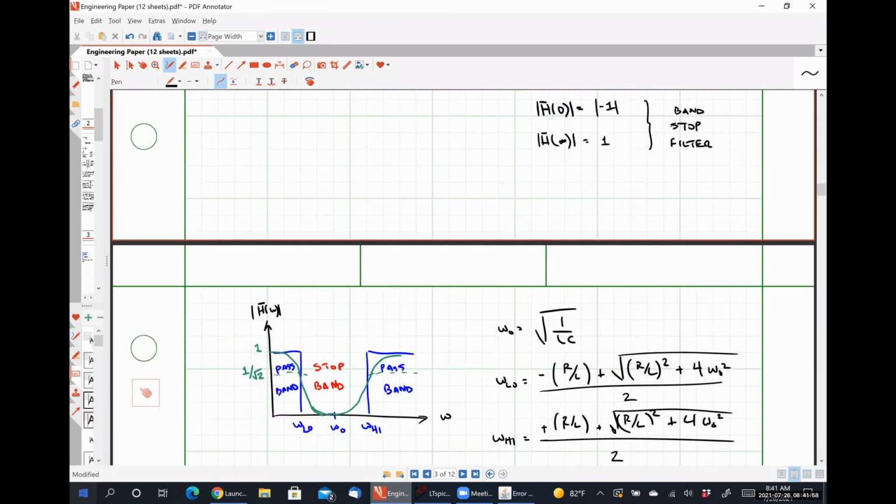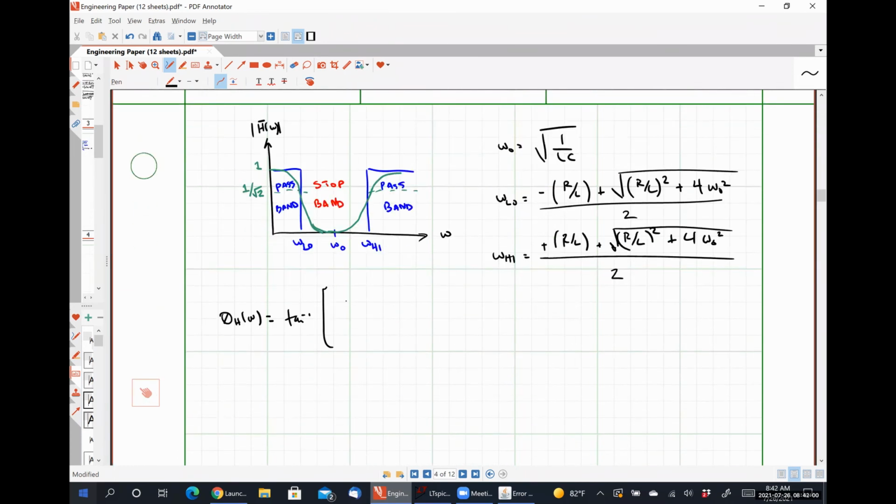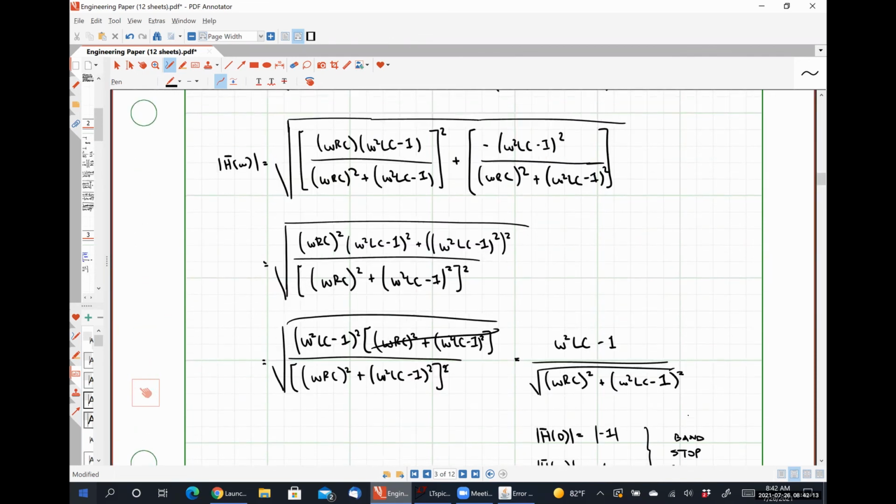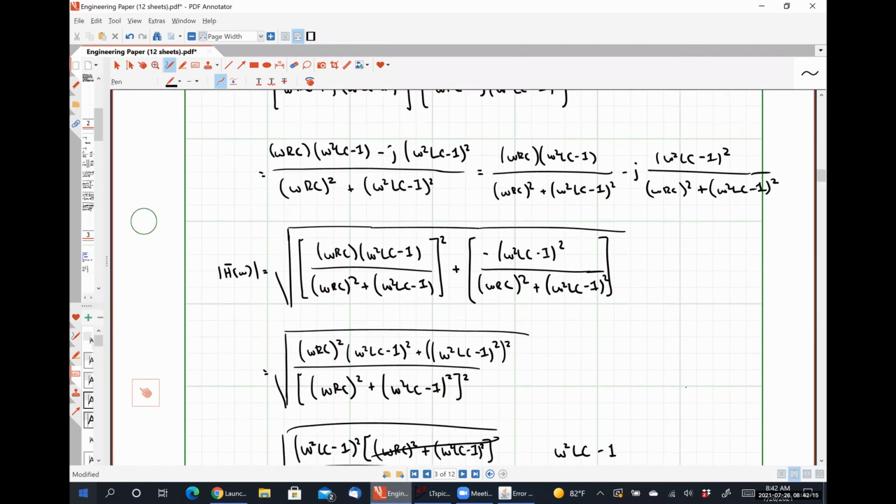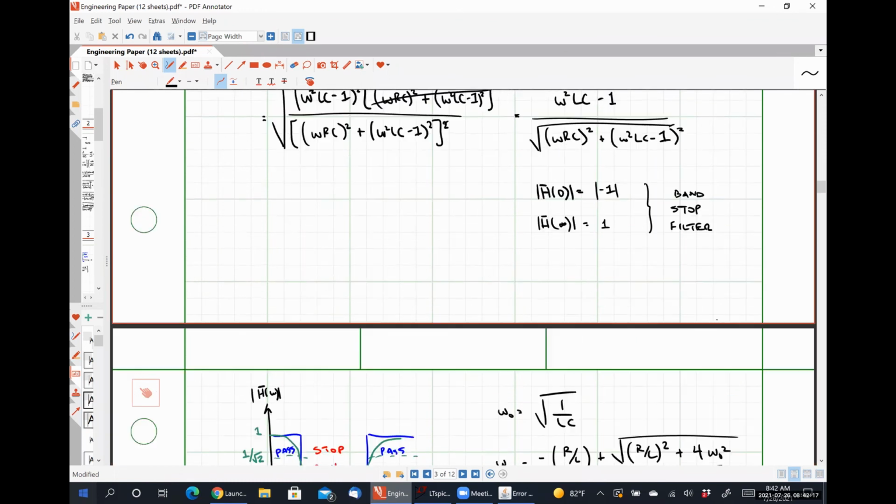So overall, skipping ahead, it's omega squared LC minus 1 over omega RC, if I divided my imaginary portion by my real portion correctly, which I believe I did.